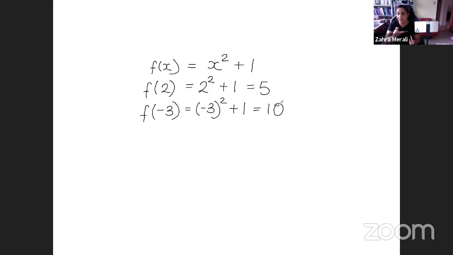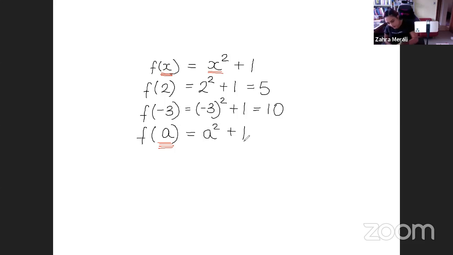Now we've done that with numbers. Now what if I replaced it with a letter? Exactly the same thing. If I look here, the input was the x. I'm now changing the input to an a. So wherever there's an x in this function, I'm going to be writing a instead. So I'm going to get a squared plus 1.